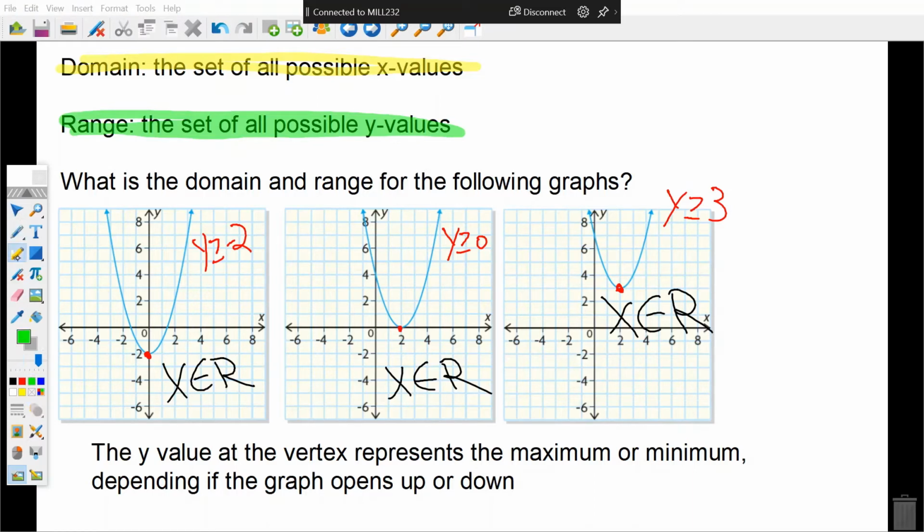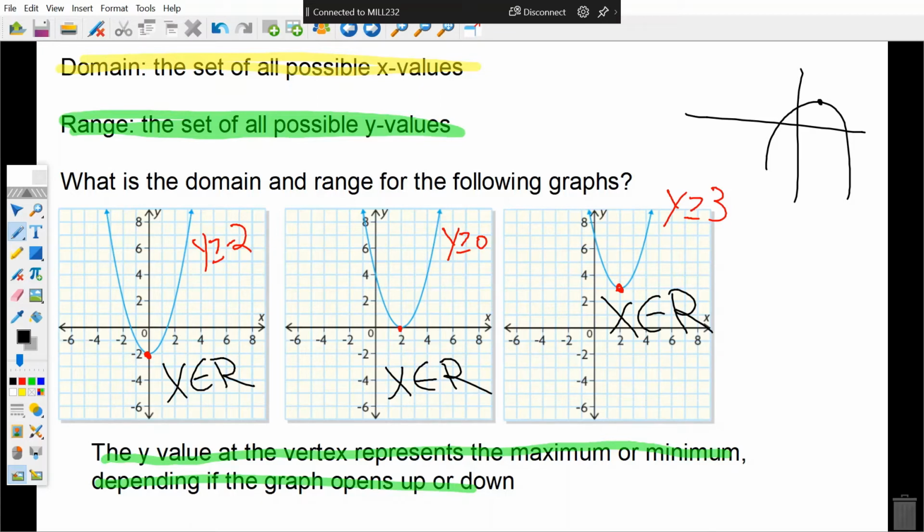The y value in the vertex represents the maximum or minimum, depending on whether the graph is opening up or down. If a graph is opening up, like these ones are, these are all the minimum points, the lowest y values. There is no highest y value. But if a graph was opening down, that would mean that this point right here would be the maximum value.